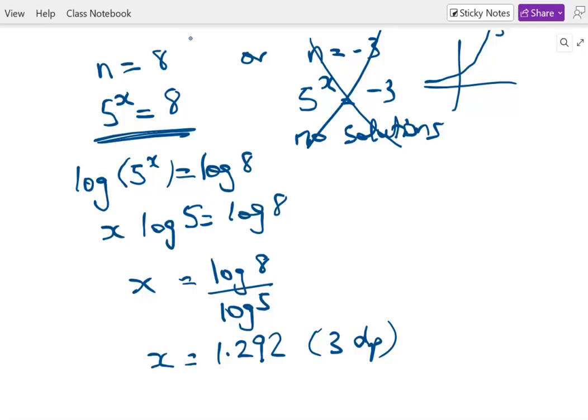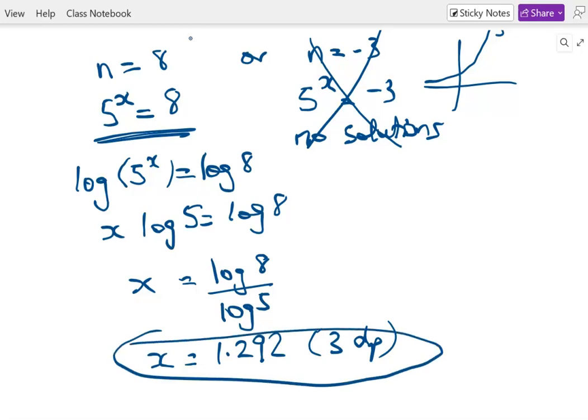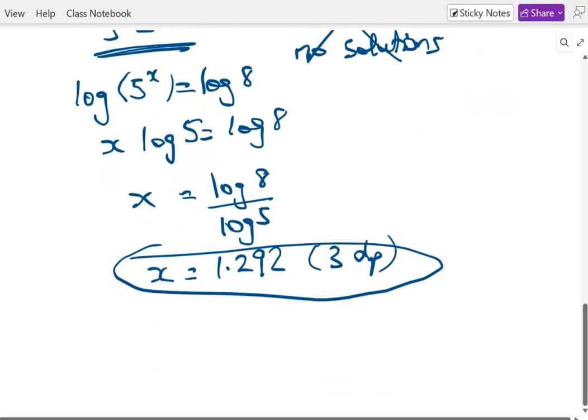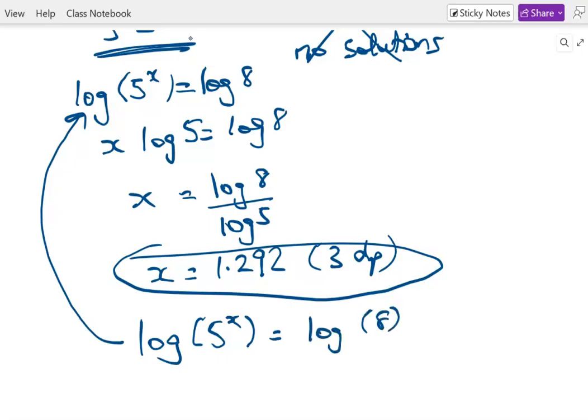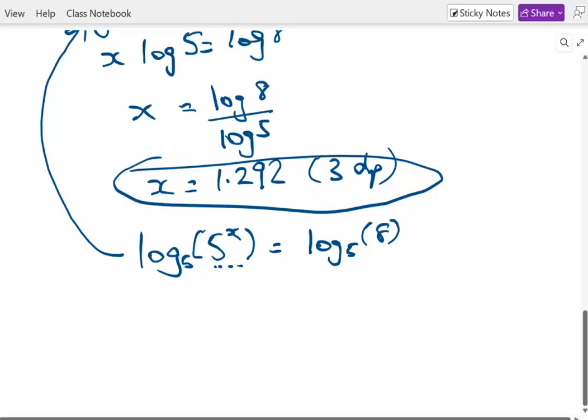Anyway, the other thing I'm going to show you is how we could do that using log to base 5, which would give me a nicer exact answer. I'm pretty sure that's probably what most of you did. So if we go back to the step up here, we've got log of this is equal to log of this. But I can choose the base that I'm working with, and because I've got a 5 to the x here, let's see what happens if I choose log to base 5.